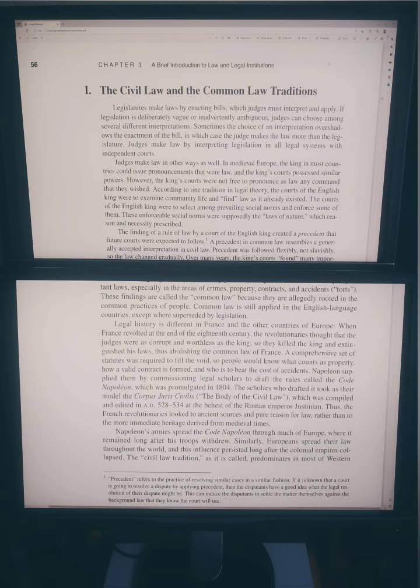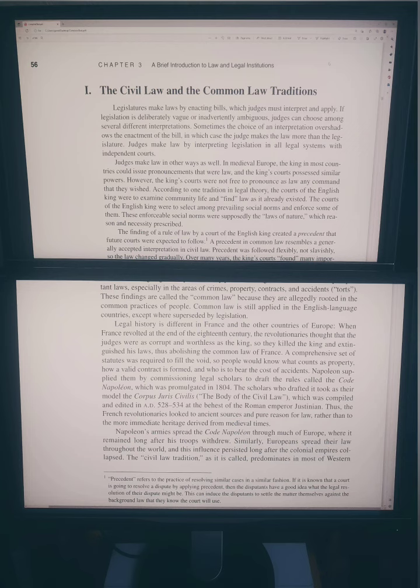Napoleon supplied them by commissioning legal scholars to draft the rules called the Code Napoleon, which was promulgated in 1804.